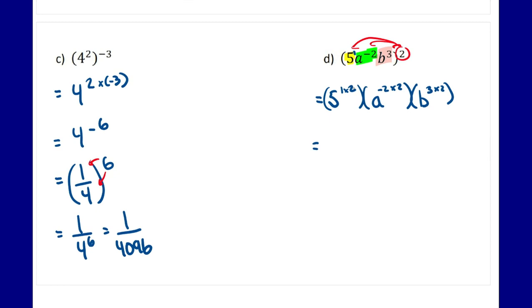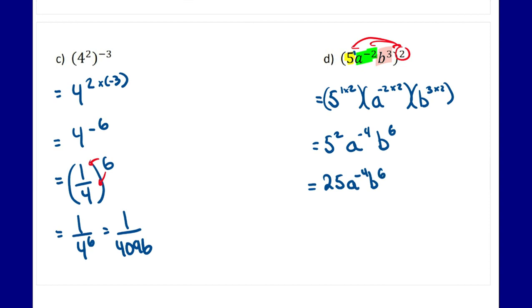Simplified, 5 to the power of 2 is just 5 squared. A to the power of negative 2 times 2 is negative 4. And for b, 3 times 2 is 6. I can simplify this a bit further. 5 squared is 25. So a to the negative 4, b to the 6.